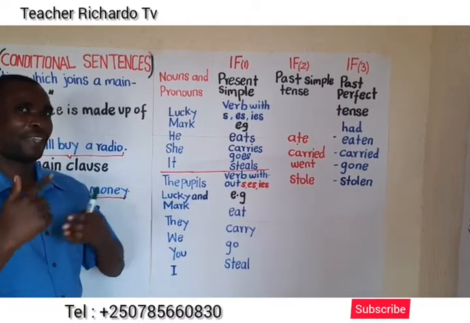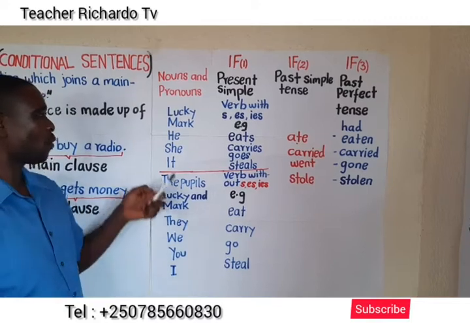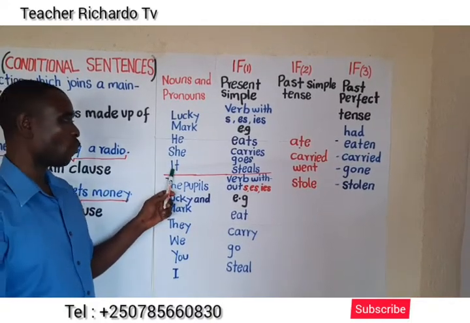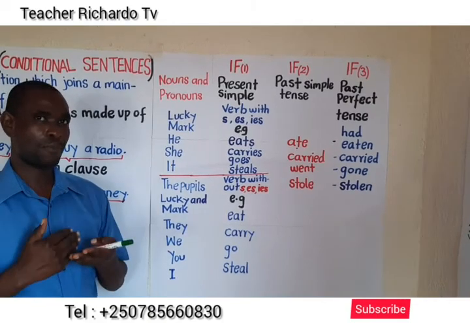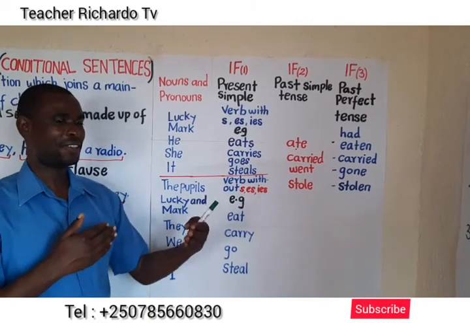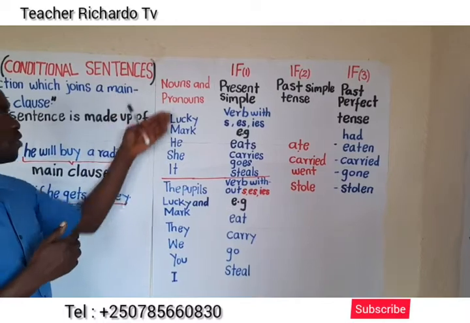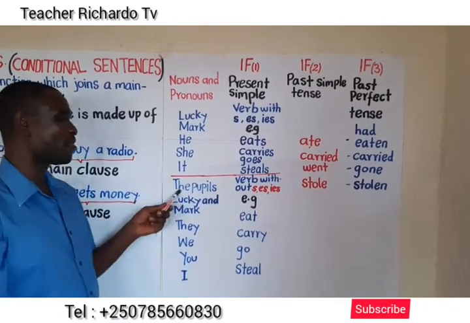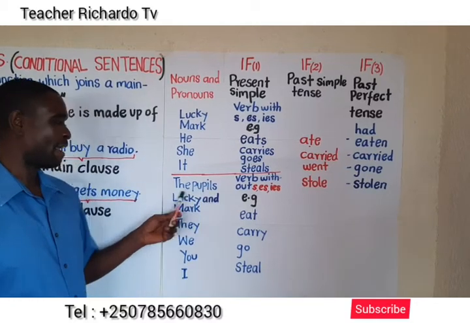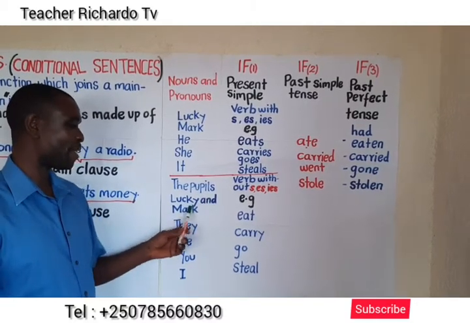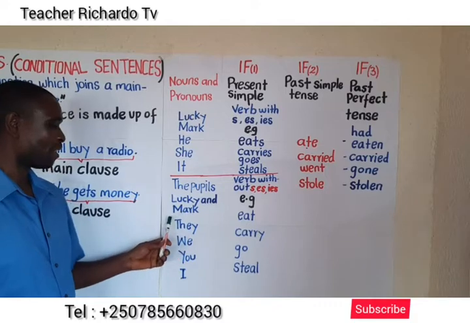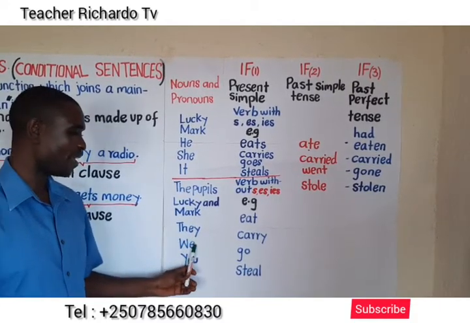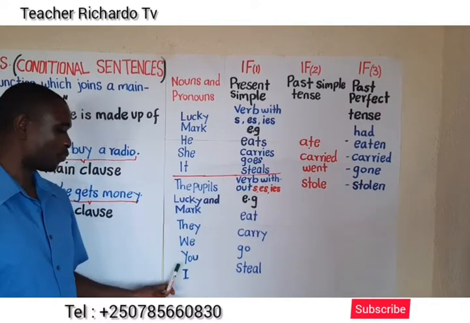If that person is a girl or a lady, we use she. Then it, which stands for animals and things. Then in plural nouns and pronouns, we have the pupils, Lucky and Mark. Pronouns: they, we, you, I.